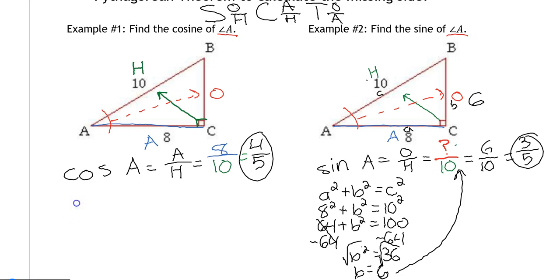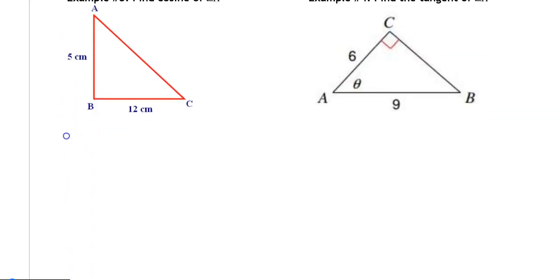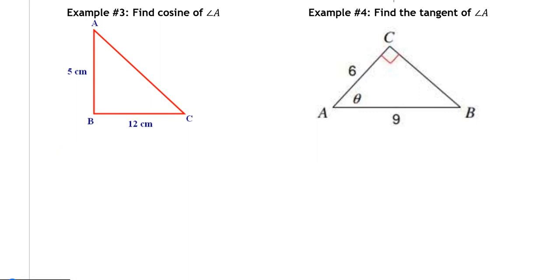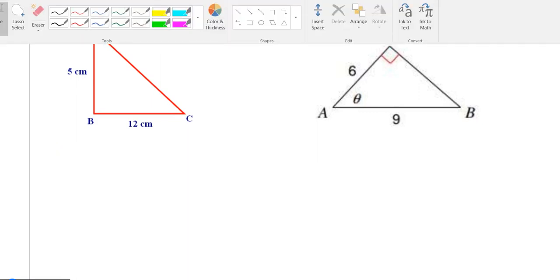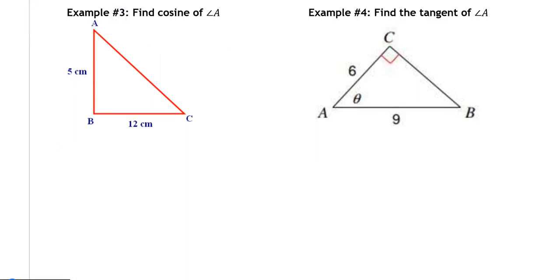All right, let's look at a few more examples like this. Example 3, find the cosine of A. This is where my right angle is. It's not drawn in for you. I apologize about that. Across from our right angle, though, that's our hypotenuse.